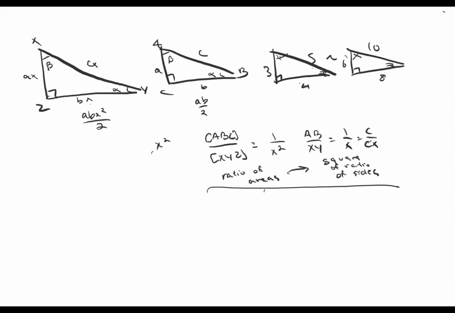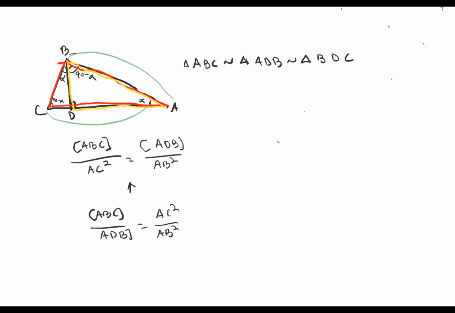This area to that area is the square of those things. Anyways, now that we know this, we can see that this is also equal to DC over BC squared, just because we can see that it's similar as well, and then using the same logic.